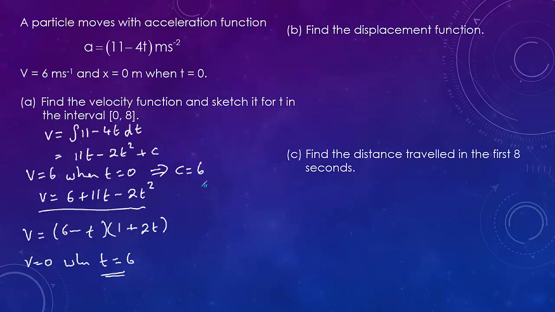So we want to sketch it in the interval 0 to 8. Now, at 0 we can see it's going to be 6. We also know when t equals 6 it's going to be 0 here.